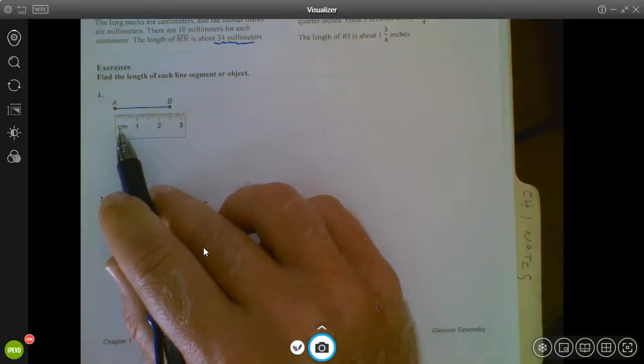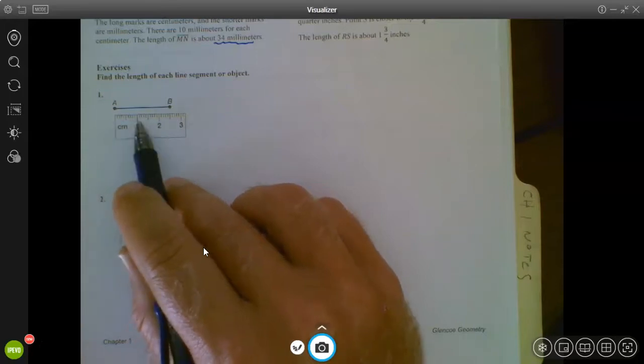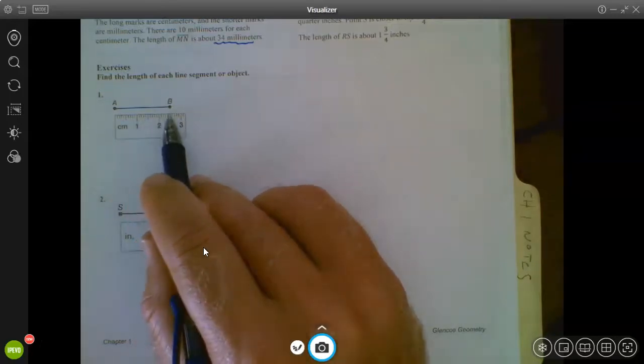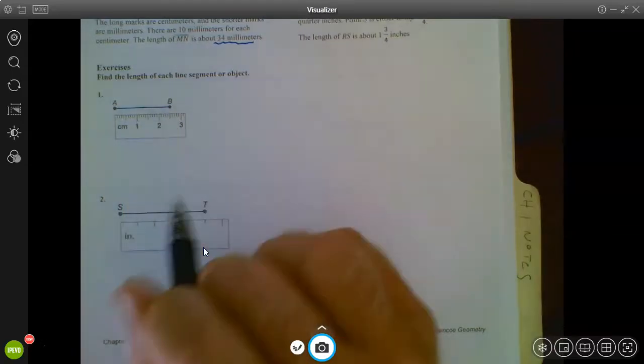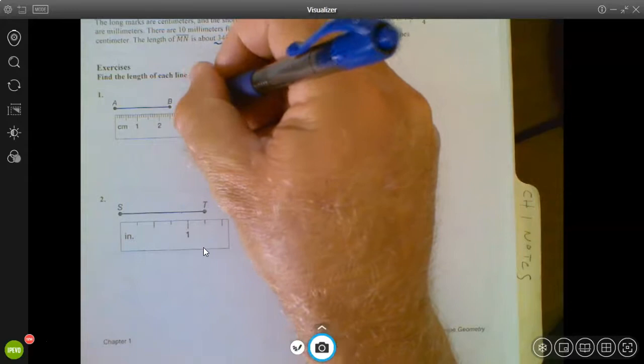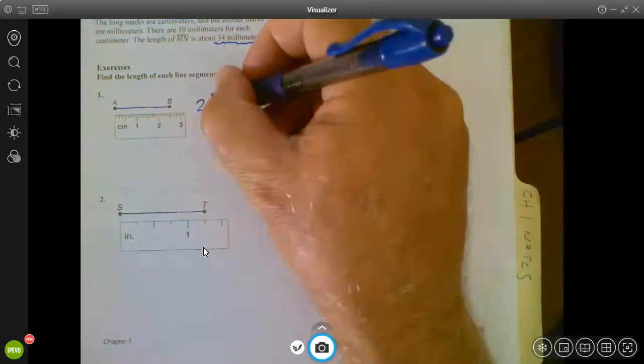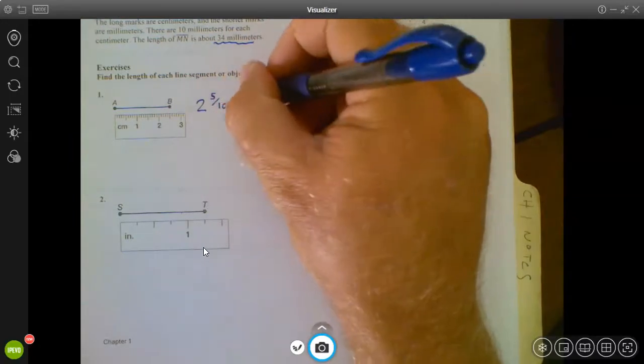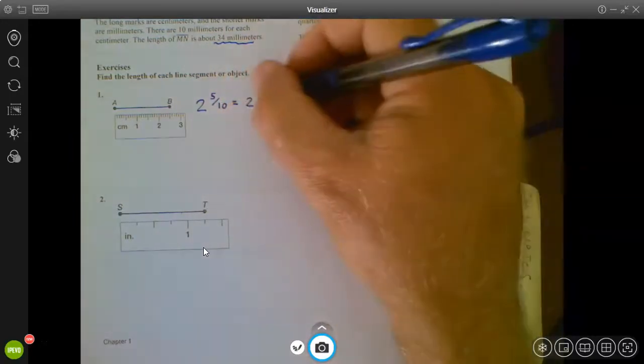But you could do this in centimeters, right? It would be 1, 2, and then 5 out of 10 centimeters. So we could write it as 2 5 tenths, which of course could be simplified. So we could write that as 2 1/2 if you reduce your fraction.